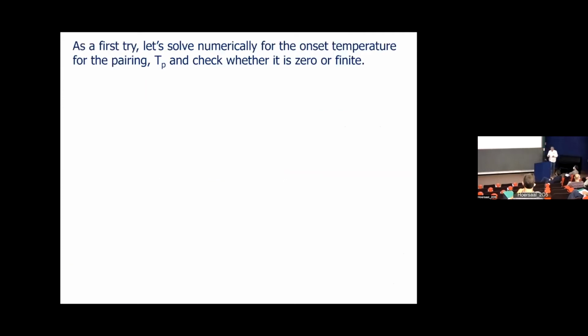And the first thing to do, and in some sense it could be the final answer in 5 minutes, you can ask a computer to do a simple thing, to ask who wins. You have two tendencies that are built in the two equations. The system can either remain normal, down to 0 temperature and become non-Fermi liquid, or the system can develop a pairing instability and become a superconductor at low temperatures.